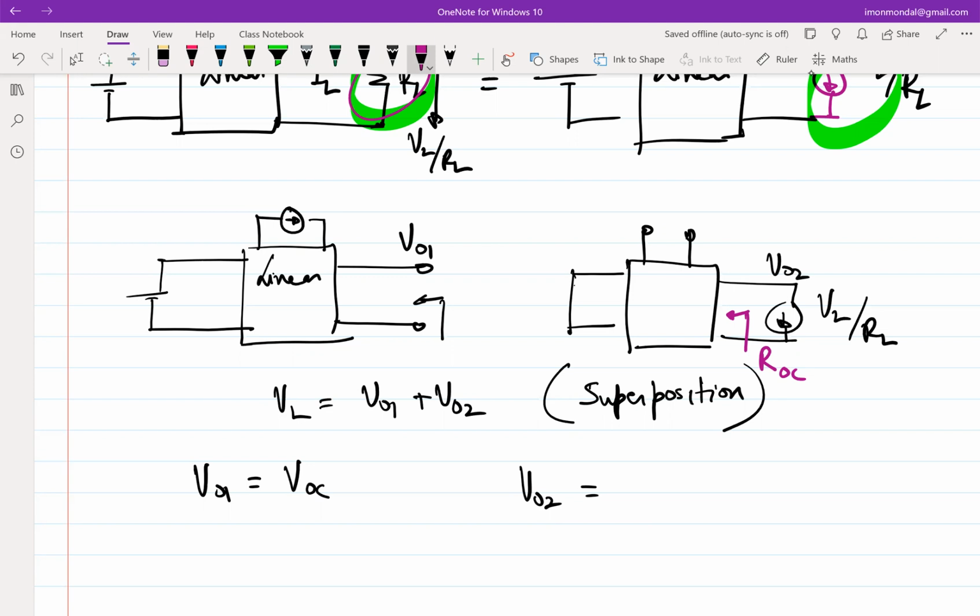You have a current source which is dragging current out of an impedance of value ROC. So this is equivalent to saying you have ROC and this is VO2, so VO2 naturally becomes minus ROC times VL by RL.